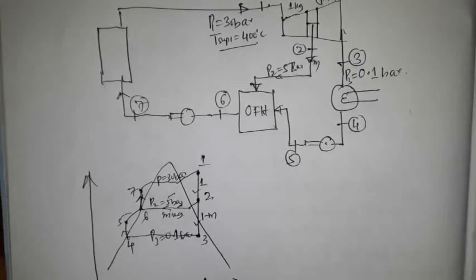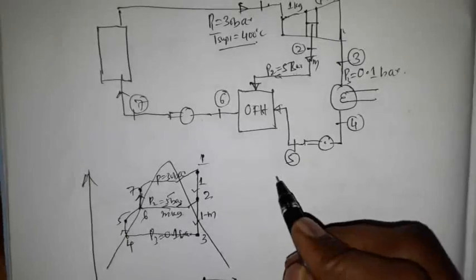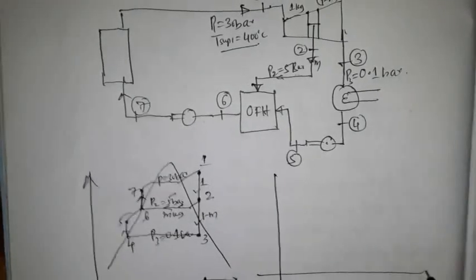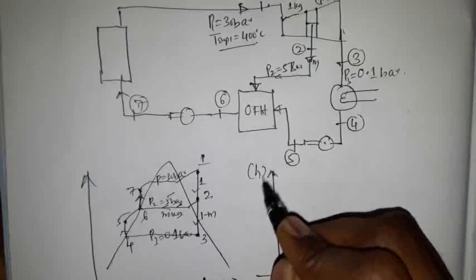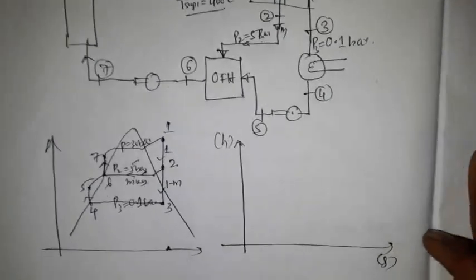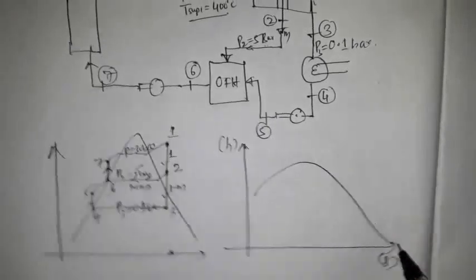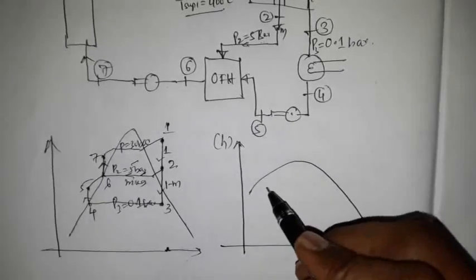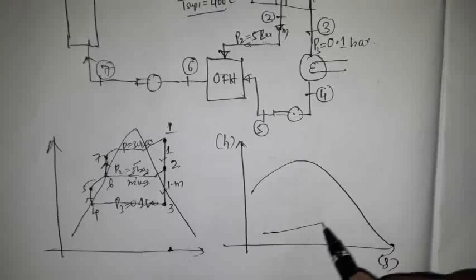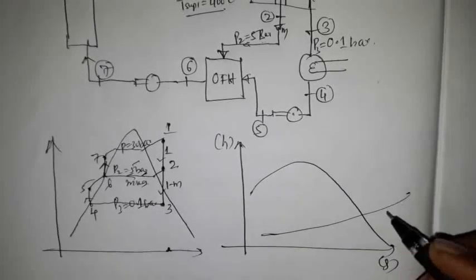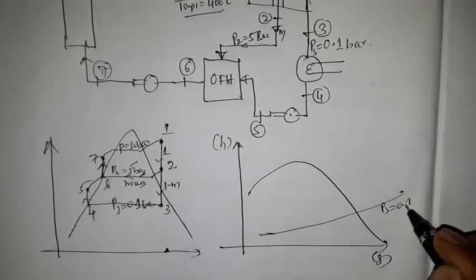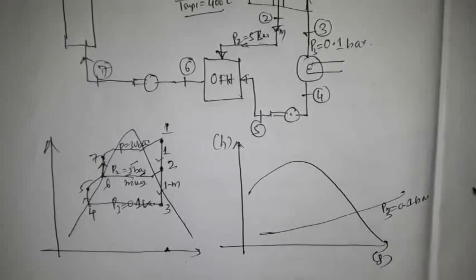The HS diagram, that is the Mollier chart, can also be drawn. This is the enthalpy entropy diagram. Here I have the saturation curve, and we have the condenser pressure P3 equal to 0.1 bar.